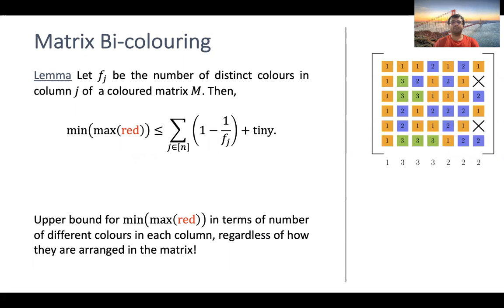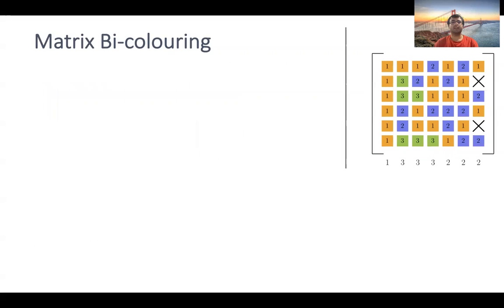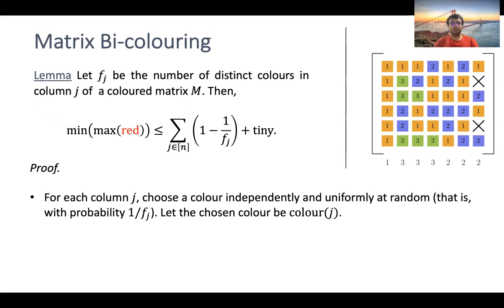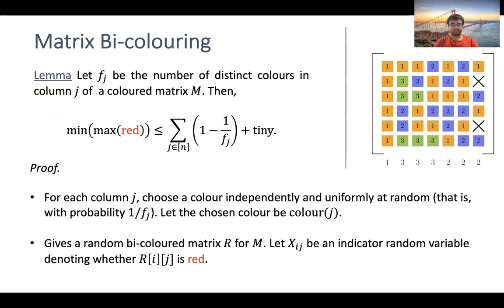For each column, we pick a color uniformly at random amongst the colors available. The probability that a color is not picked is exactly 1 minus 1 by Fj, and for each row, we sum them up. A simple Chernoff plus union argument gives us that with non-zero probability, the objective function of matrix bicoloring is the thing which we have claimed on the slide.